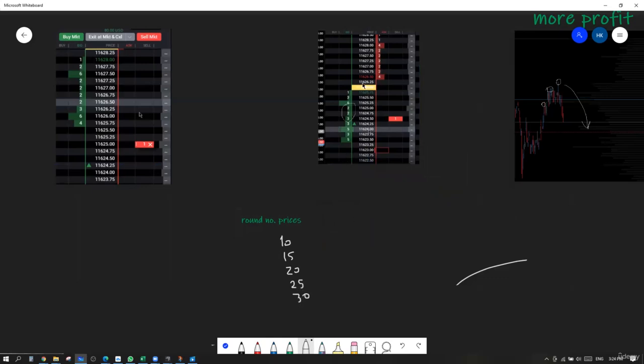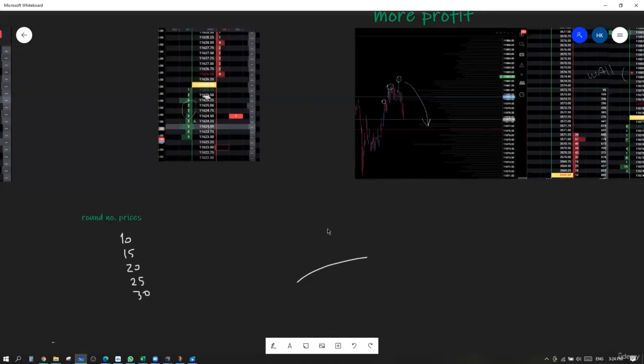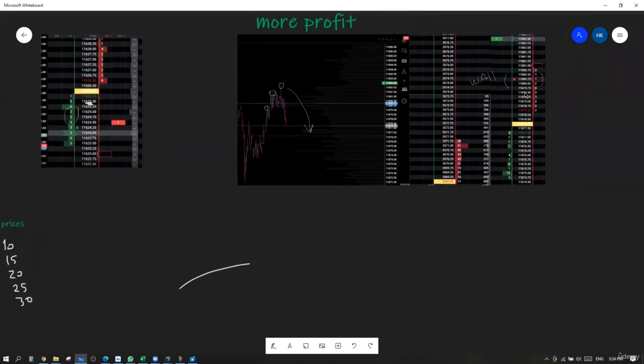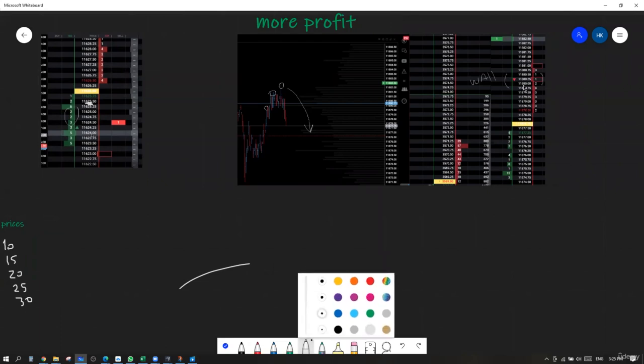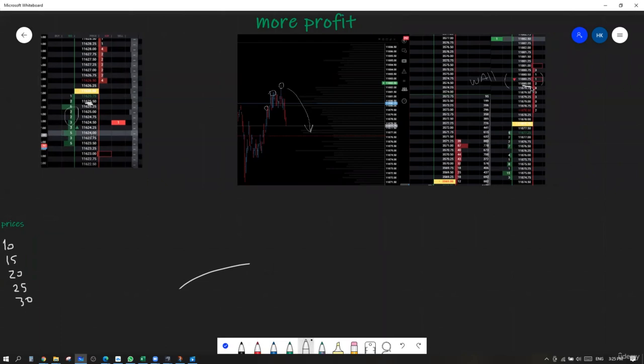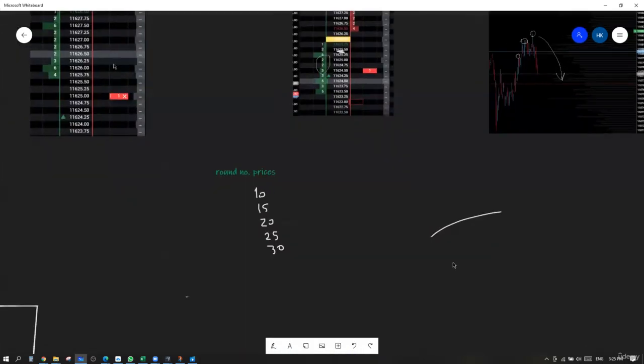So 11,625 here is a round number. It's the only one we see so far in this example. Let's look at a wider example. We have 11,880, that's a round number. 875 is a round number, and so on and so forth. You get the idea.